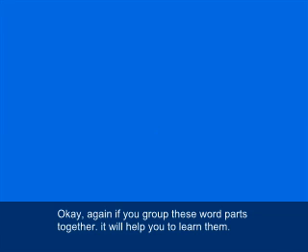Okay, so again, if you group these word parts together, it will help you to learn them. First of all, we had the three related to the eyelids, then we had the corner of the eye, and then finally we have the two related to the tear production system.